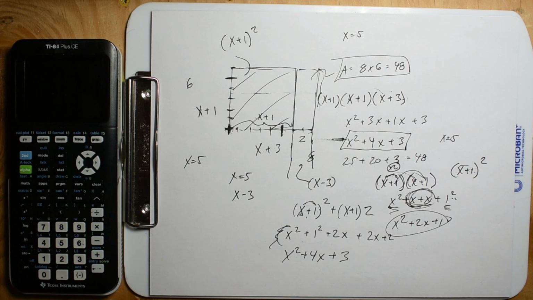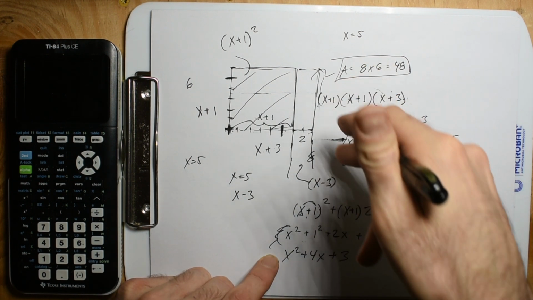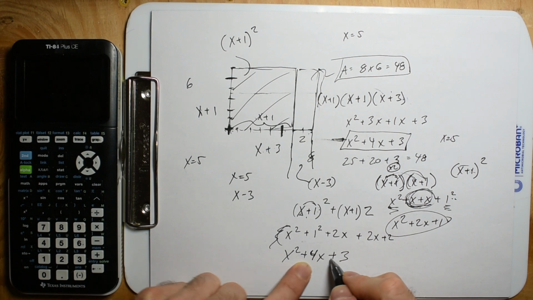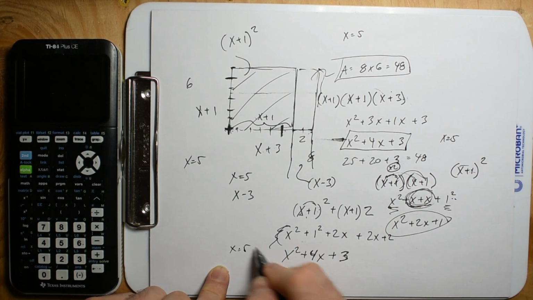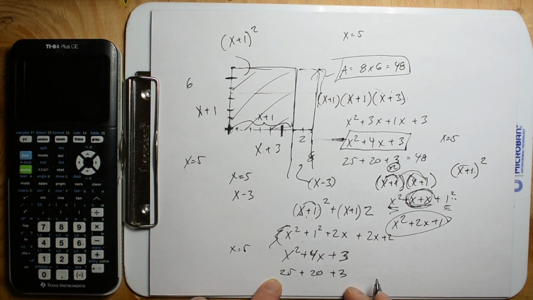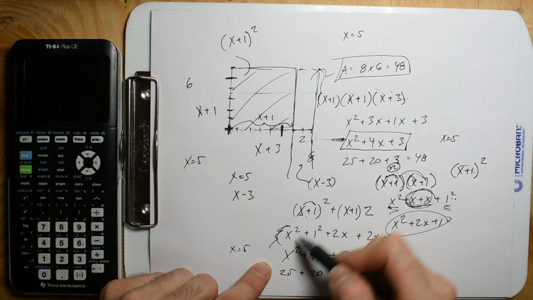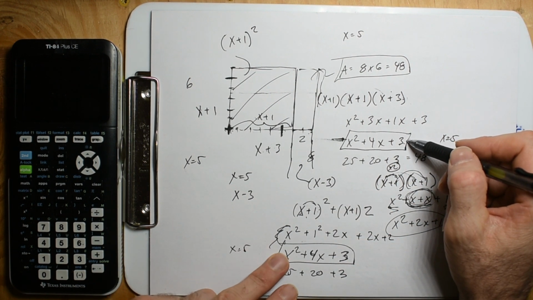All right, sweet. So we have another way to write this. We have x squared plus 4x plus 3. Let's see what it would be if x is equal to 5. We're going to have 25 plus 20 plus 3. Oh yeah, we just did that one. Oh, and we got the same equation right there.